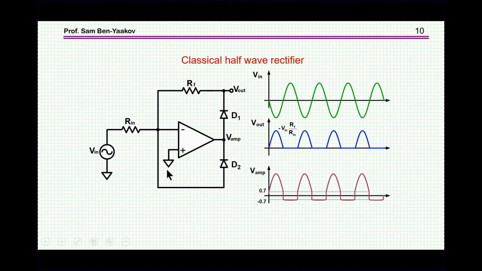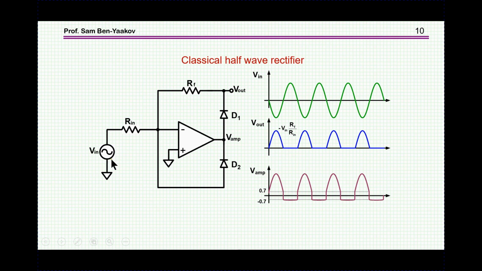A better way to go is this schematic, this simple rectifier. It's very similar to what we have seen before. The idea is similar, I'll talk about it in a minute. But we have here two diodes. This is still a half-wave rectifier.